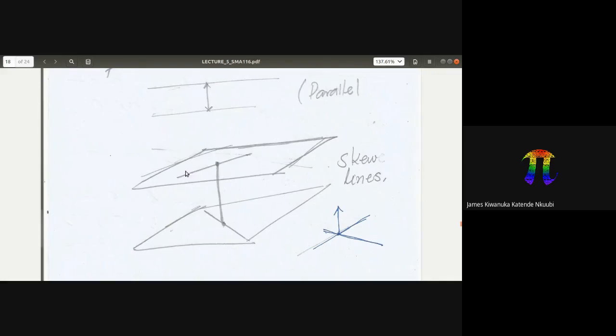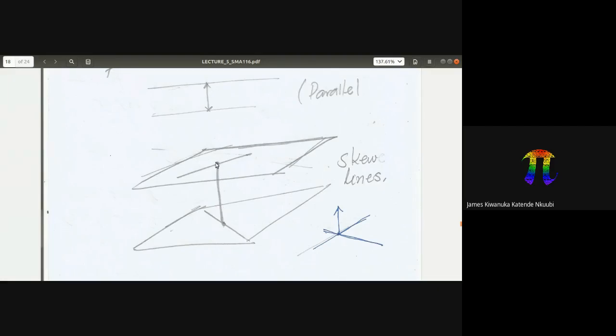This again is a plane, and we have a line that is on the second plane here. So the two planes are parallel, but the lines that are on these planes are not parallel. So we call this kind of lines skew. They do not intersect because they lie on parallel planes, but the lines themselves are not parallel. So we call them skew lines.